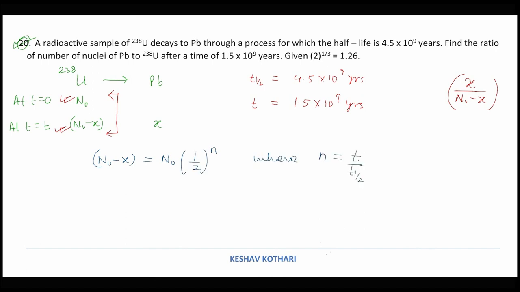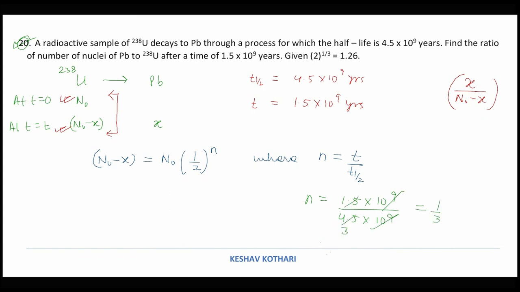So using this formulation, we first of all calculate the value of n. For this problem, we get n equals 1.5 × 10^9 upon 4.5 × 10^9. That is, we get a value of 1 by 3.